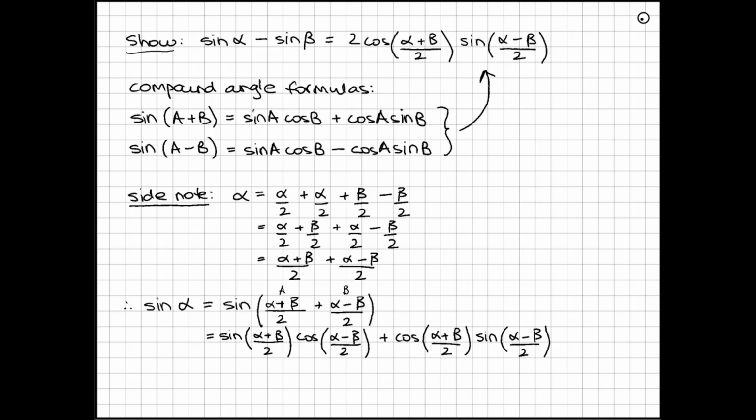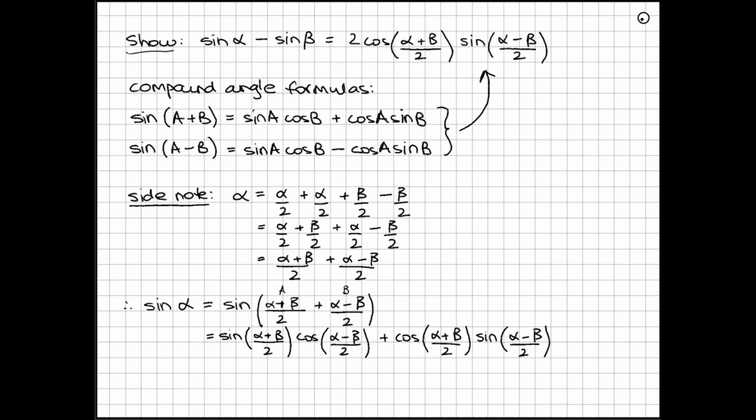So there we've done our first step in getting from the left-hand side to the right-hand side. We've taken the sine of alpha and we've written it in a format that has both sine and cosine and the alpha plus beta on 2 and alpha minus beta on 2, which we know we're working towards.